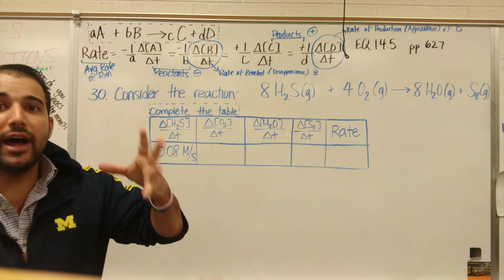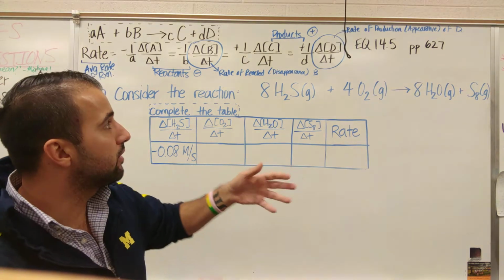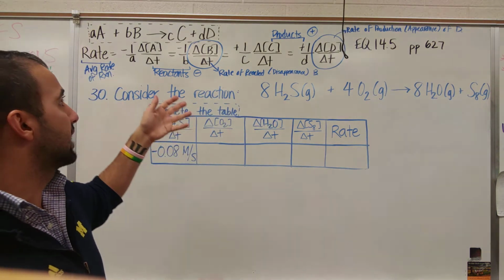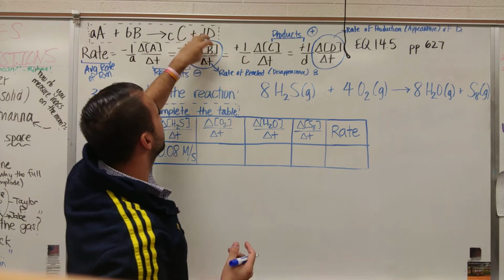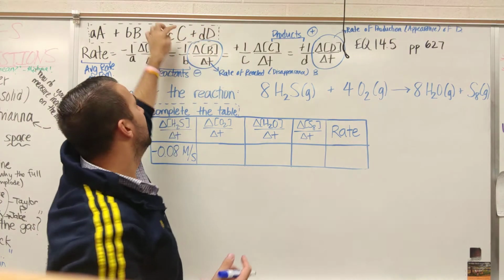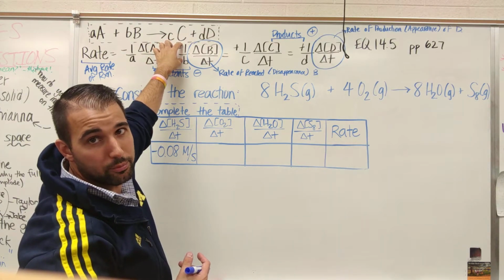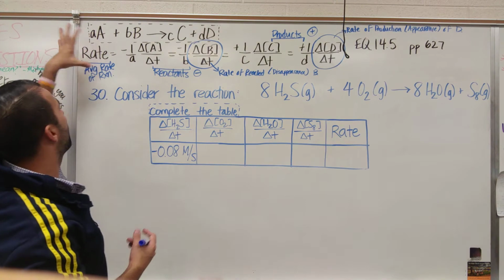And so that's convention. If I'm looking for the rate of appearance or disappearance or the rate of production or reaction of a certain reactant, I'm only looking at the change in delta B over delta T, that whole thing. This -1 over b, if I multiply by this -1 over b, that should give me the overall average rate of the reaction, okay?